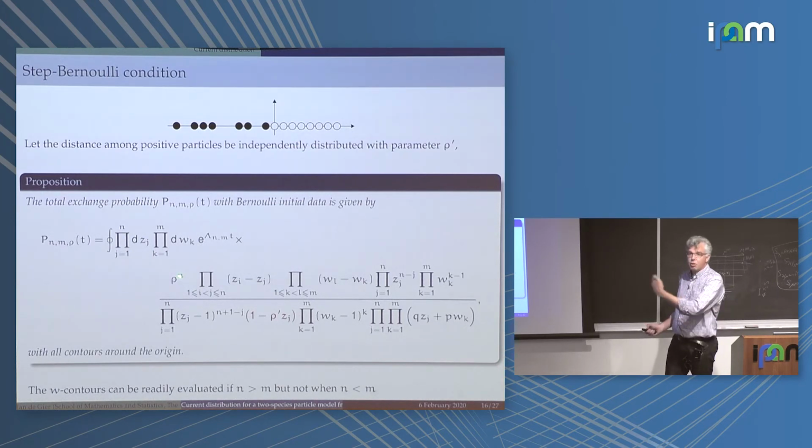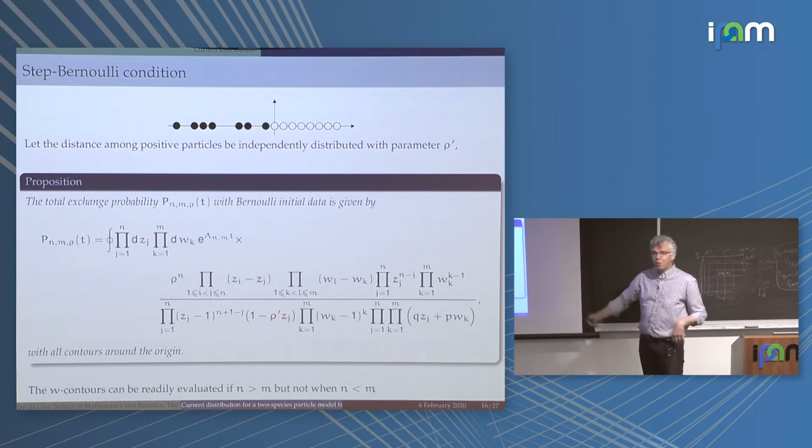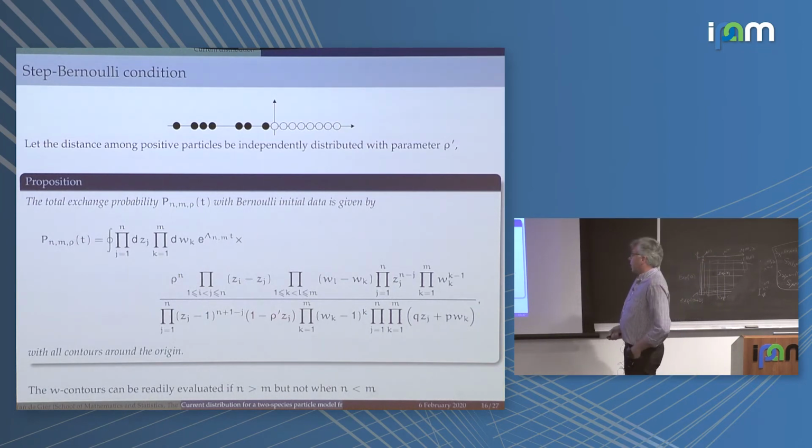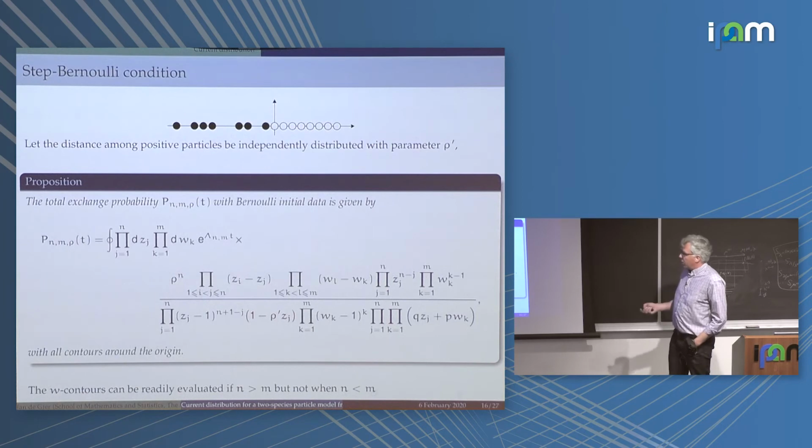So the asymptotic limit you're interested in just means you have to compute more and more integrals. Nevertheless, you could do this if n is larger than m, and there's a straightforward way to do it. But it's actually not an interesting case. The more interesting case is when n is less than m.